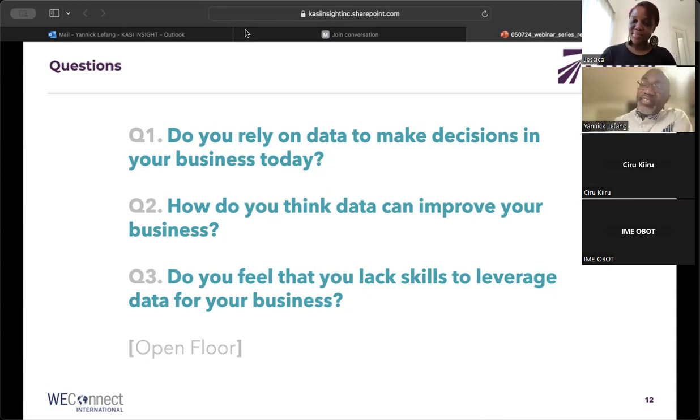Yes, the next session is going to be about collecting and managing data, which is something we talked about already. We'll talk about whether it's consumer data or market data, how you collect it, and what goes into that.